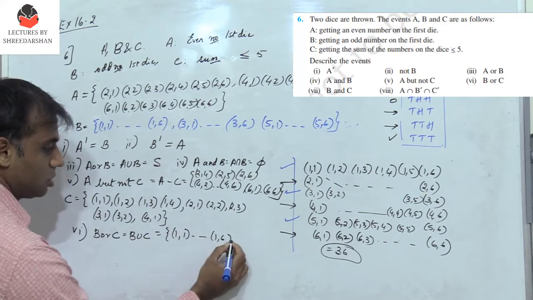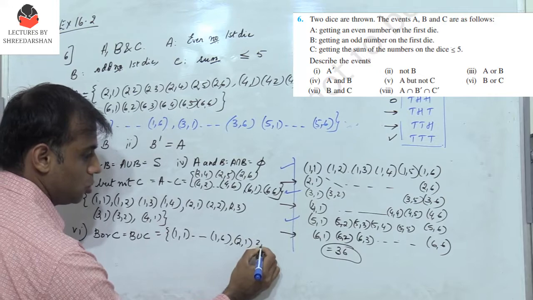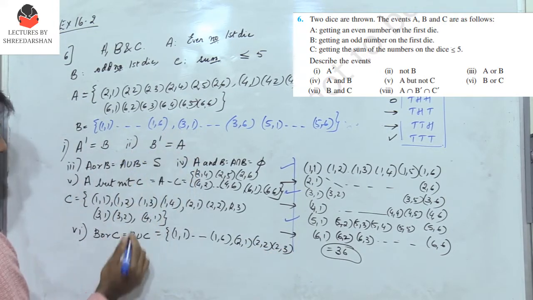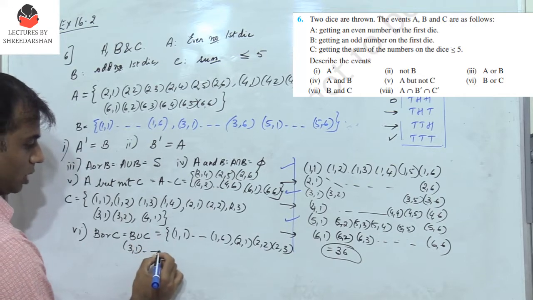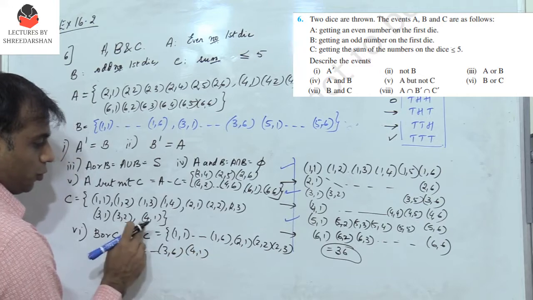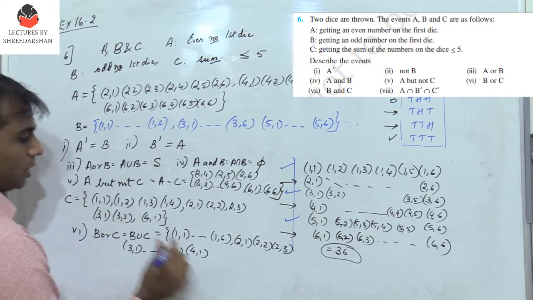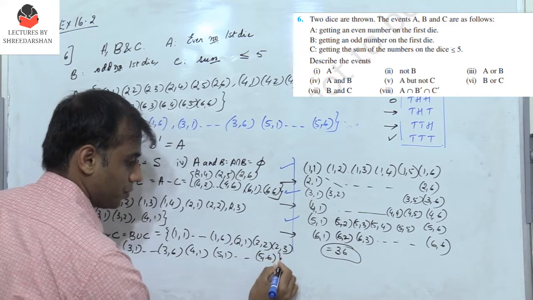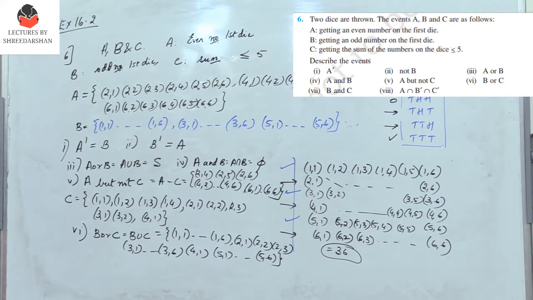So I have 2, 1, 2, 2, 2, 3, right? And then of course I have 3, 1 all the way up to 3, 6. And then I have 4, 1 which is present only in C. And then 5, 1 up to 5, 6. Alright, so this is B union C.